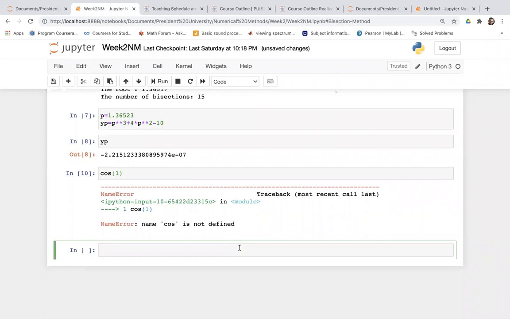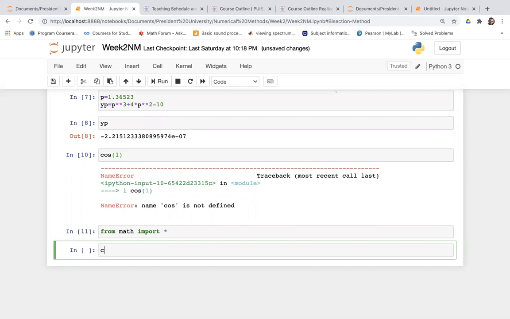Therefore, you need to import a package in order for this function to work. The syntax is from math import star. Yeah, so it will import all the functions in the math package.